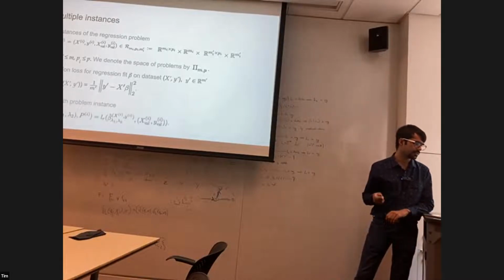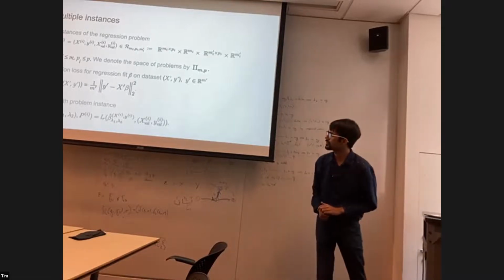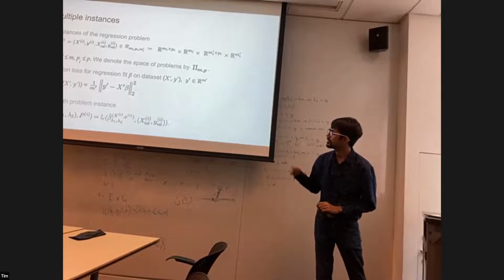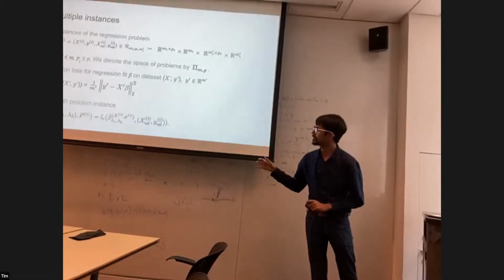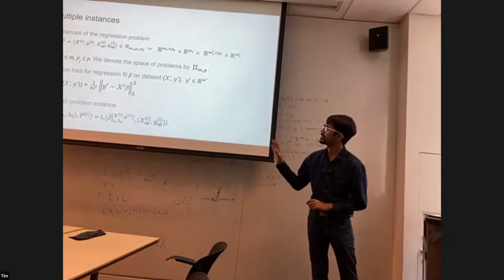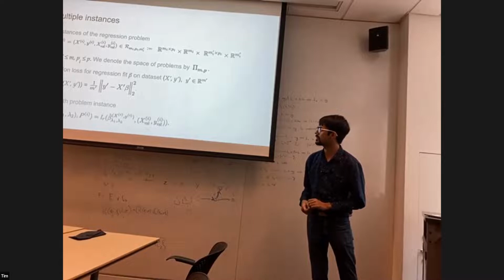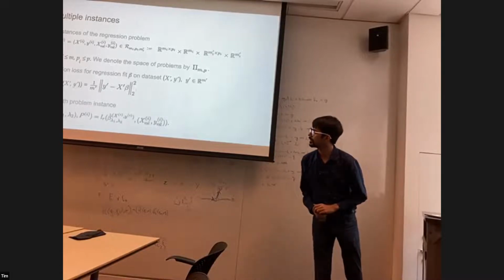So for the elastic net on the ith problem instance, our loss function essentially is just, for problem pi, we will train our elastic net using the training part xi, yi, and we'll compute the loss using the validation part.